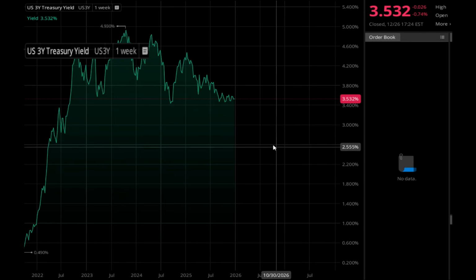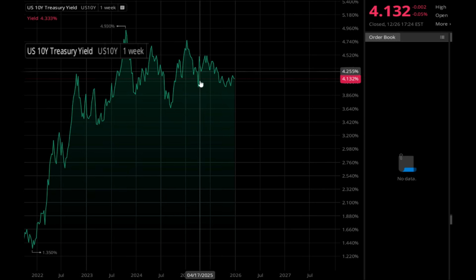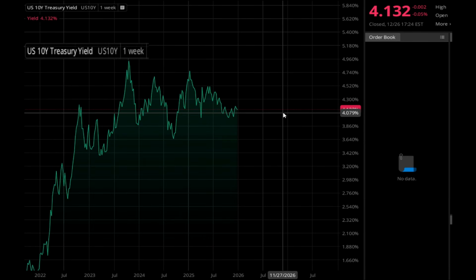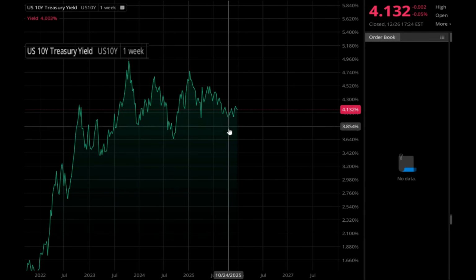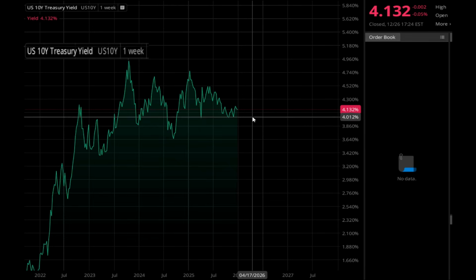From that drop, that's going to increase the spread between the 2-year and the 10-year. And that's really when you start getting the fun starting to occur. And really, that's when we get the big price action to the upside in TLT.